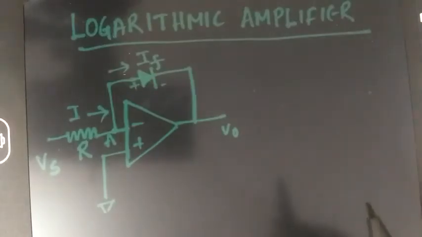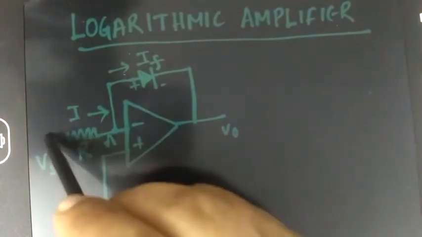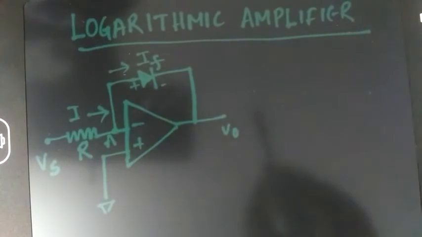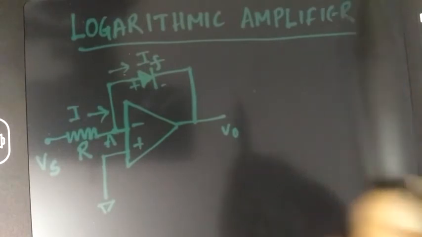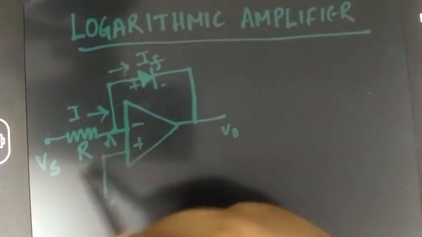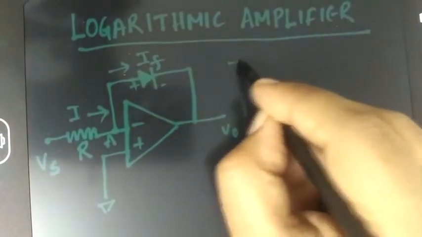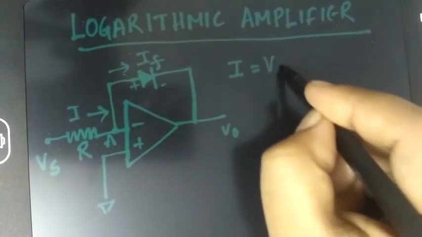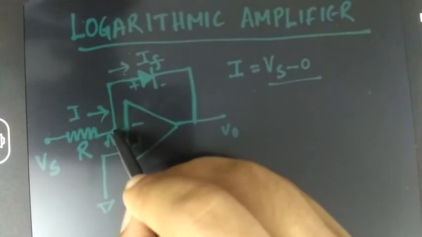Since there exists a virtual ground at the input of the op-amp, the potential at this point A is 0. As the input impedance is infinite, the same current will pass through resistance R and also through the diode D. So we can write I is equal to Vs minus 0, because by the virtual ground concept the potential is 0.